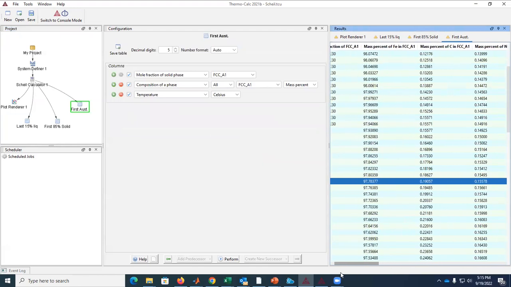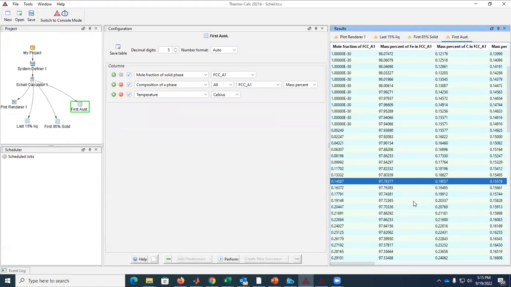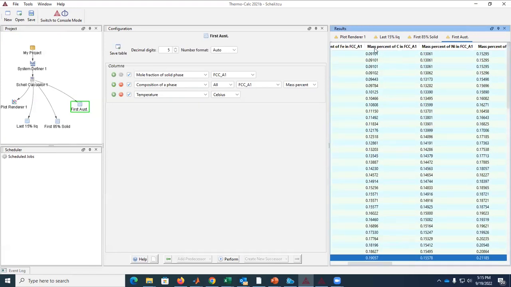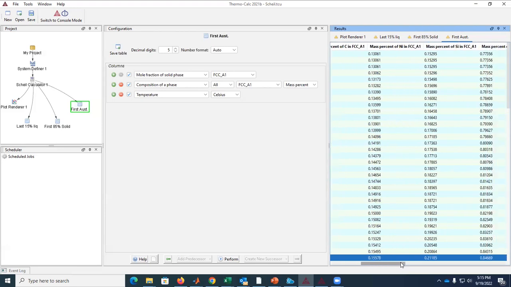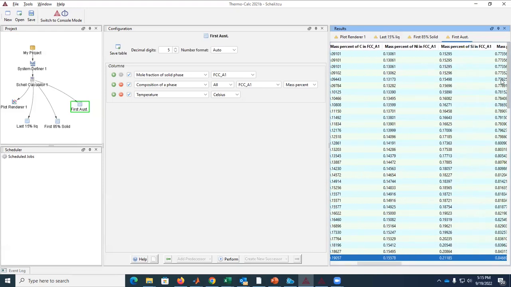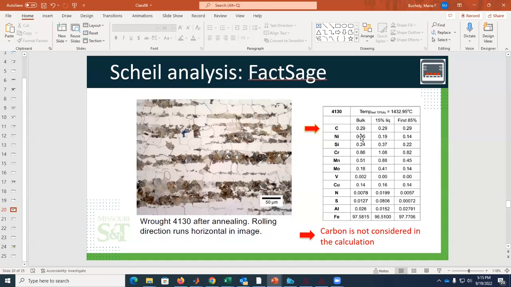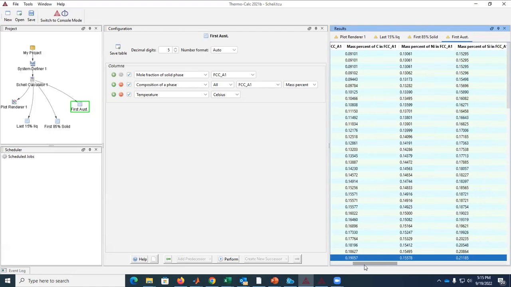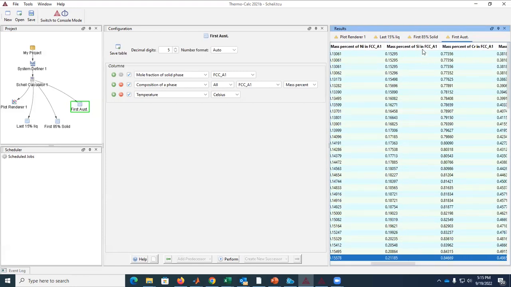But the important part here is the composition of this first austenite to form, because those are the lean areas in our microstructure. Carbon is not a big problem, because we have fast diffusion, so I'm not going to consider that. But let's, for example, say nickel. Our first nickel was 0.15, right? The FCC is basically the same, 0.15.